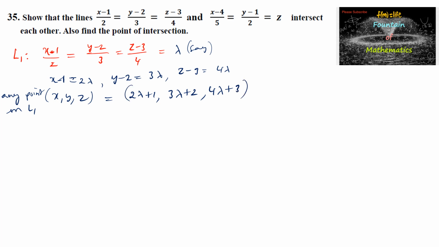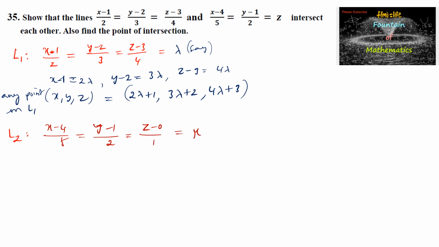And similarly the second line, let us consider the second line as L2, that is x minus 4 upon 5 is equal to y minus 1 upon 2 is equal to z minus 0 upon 1.